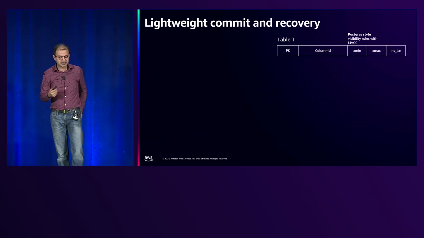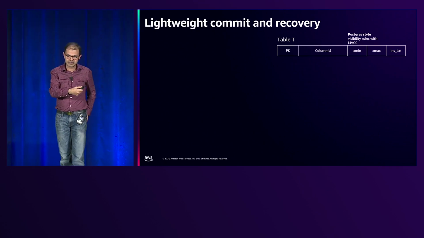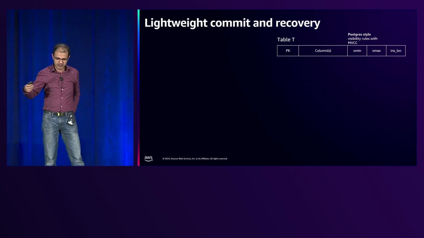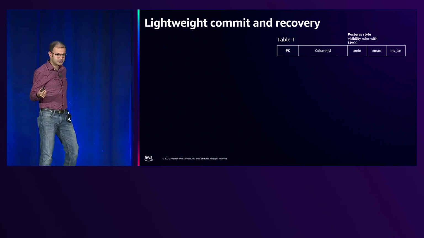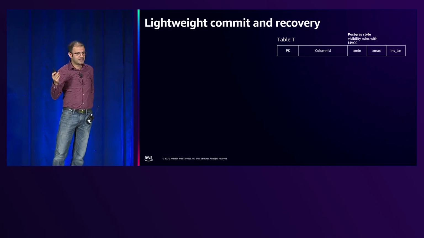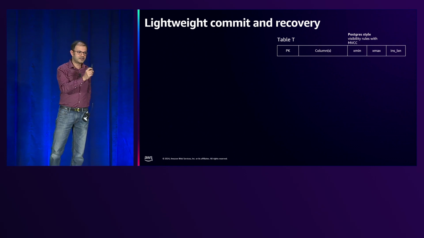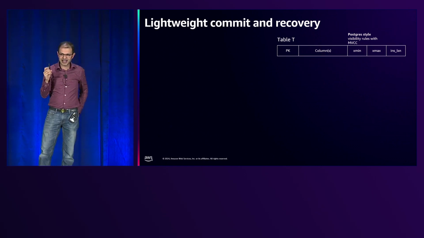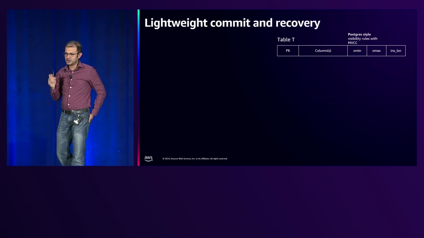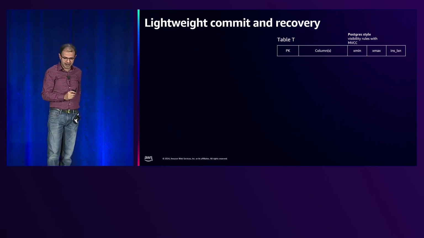So what I'm showing is a schematic of how this table from the operational database gets represented in Redshift. A table will have a primary key, then there will be these additional columns which will be the actual values, and then we use the underlying multi-version concurrency control mechanism of Redshift as well as knowledge of transactions on the source side to provide these transactional snapshots that you can use for your queries to provide the correct results on your analytics.